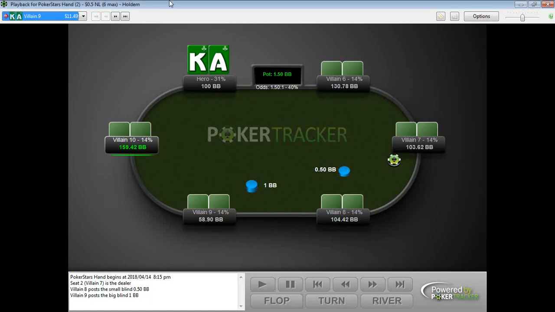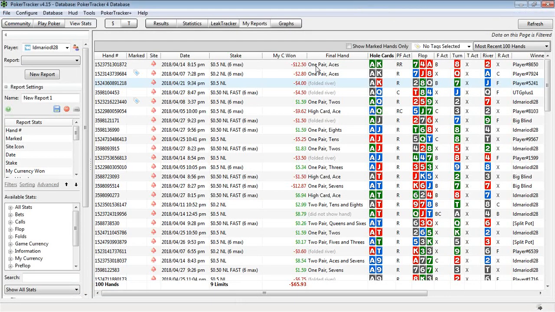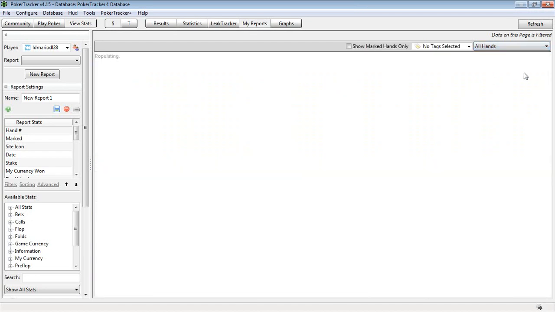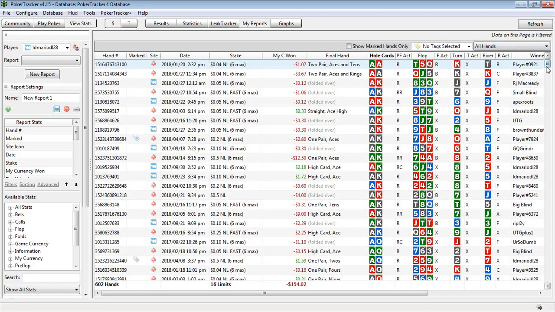I would use a program like Poker Snowie, but for whatever reason, well, first of all, how many hands do we have here? 602 hands, so I only have the cheap version of Poker Snowie.